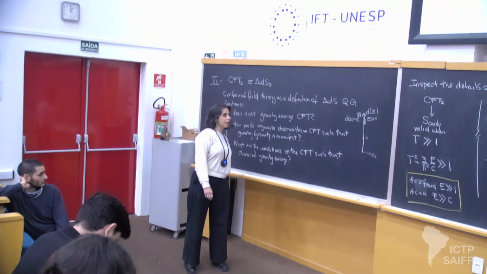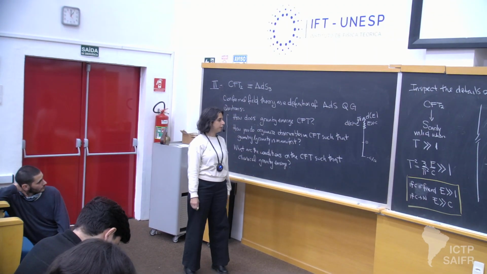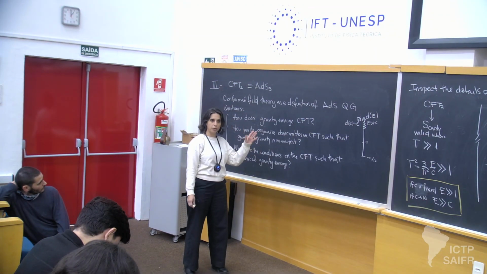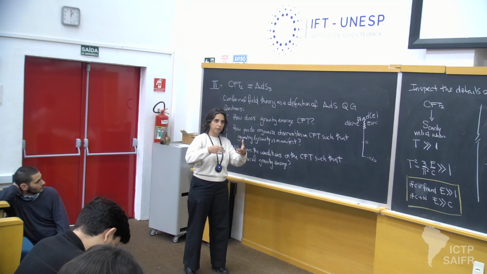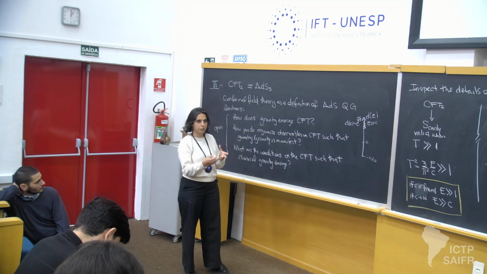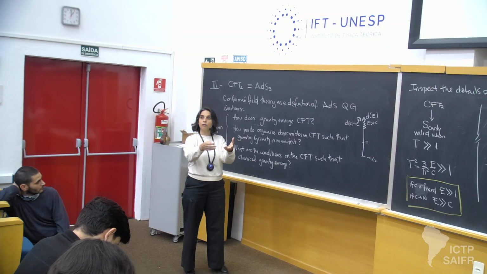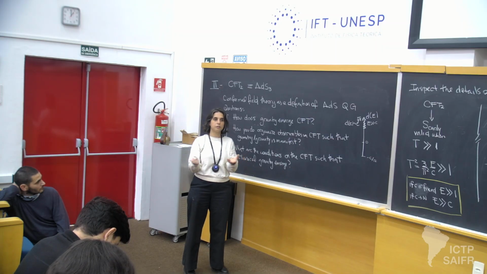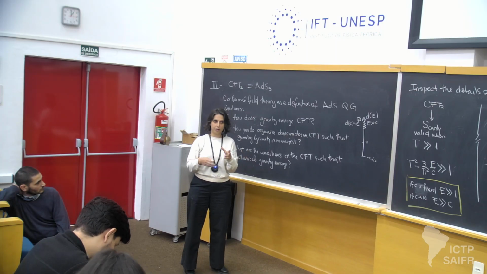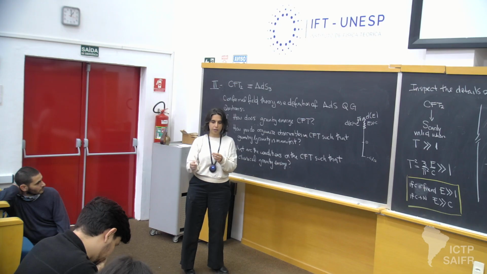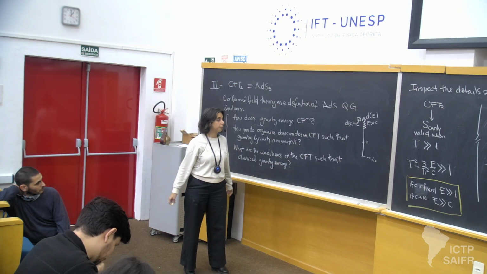This is an old paper, and we showed how it would work when C was less than 1, how you should reorganize observables in the CFT. How should you reorganize the partition function such that it looks, for instance, like this Poincaré series. So when C is less than 1, you can always reorganize those partition functions such that it looks like the Poincaré series, and then it actually makes a very clear connection with the gravitational path integral.